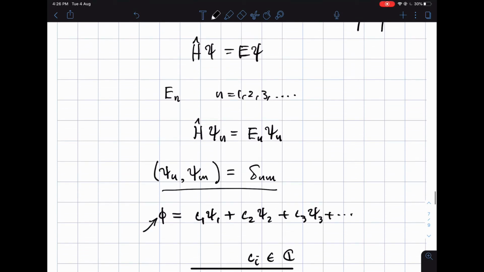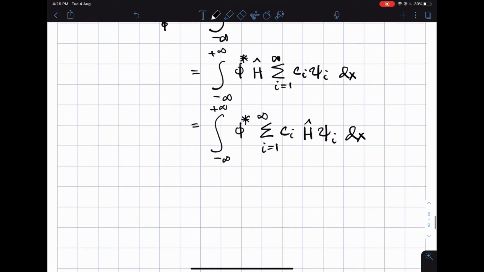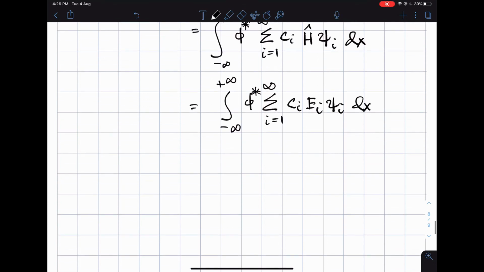It gives me Ei psi i. Then, assuming that both the sum and the integral converge, we can change the ordering of the sum and the integral.